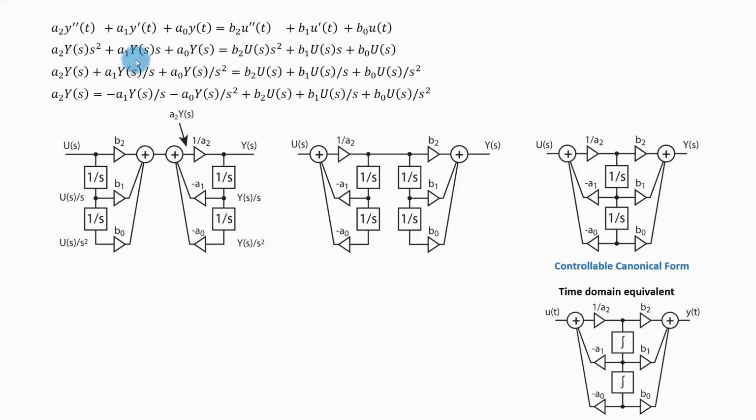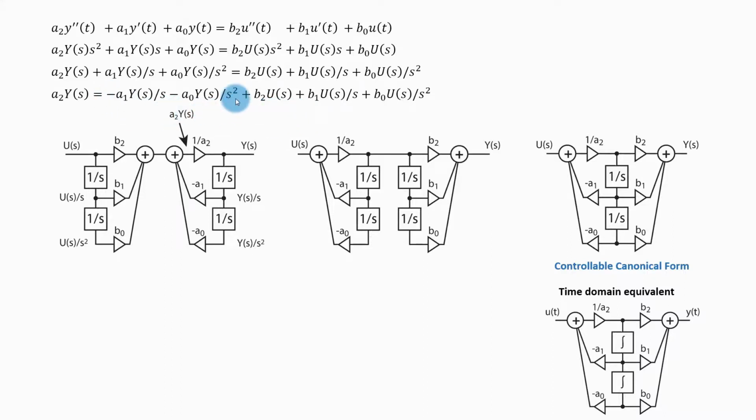So when I divide this equation by s squared, I will get this form in which I have divisions by s, and divisions by s correspond to integration. Now, similarly to the previous cases, I will take these terms and put them to the right hand side.